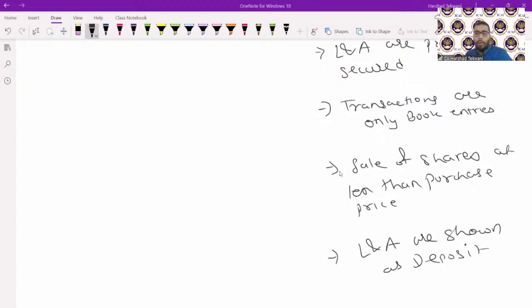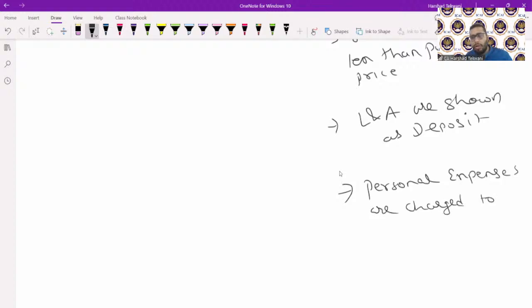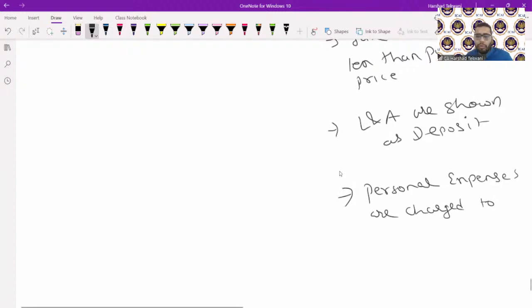Then whether personal expenses are charged to the profit and loss account, or revenue account. So any personal expenditures booked into the company.